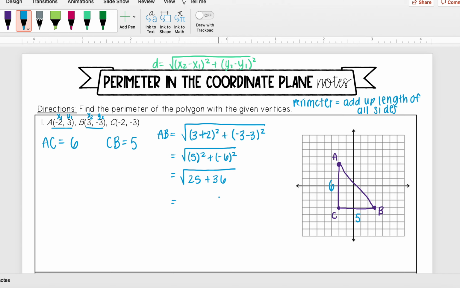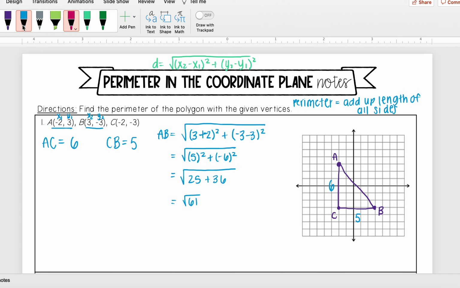And then when I add 25 and 36, I get 61. Now I need to see if I can reduce that further, but you'll find that 61 is actually a prime number. So the only numbers that multiply to 61 are 1 and 61. So this is completely simplified.